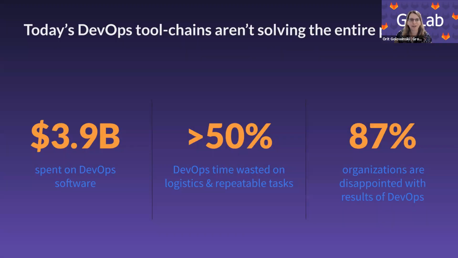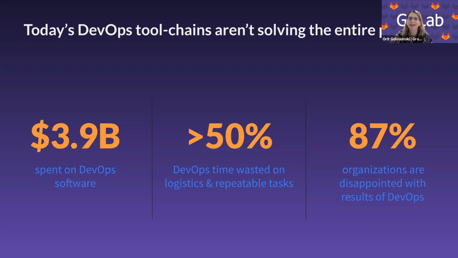Some numbers are always great to talk about. Despite $3.9 billion having been spent on DevOps software last year, more than half of the time spent on DevOps is wasted on logistics and repeatable tasks. Although some aspects of the lifecycle have already been moved to automated processes instead of manual ones, it's not moving the dial.